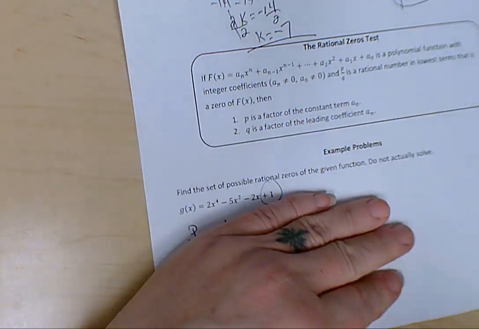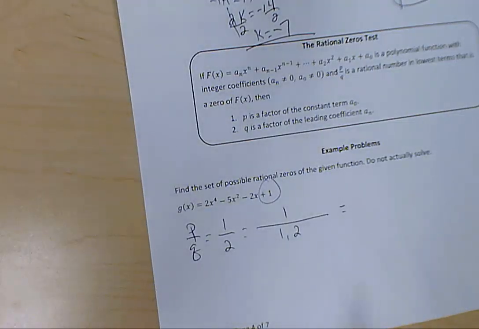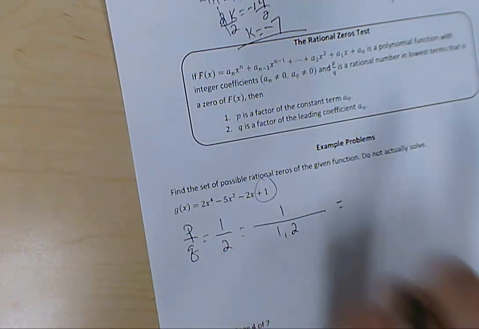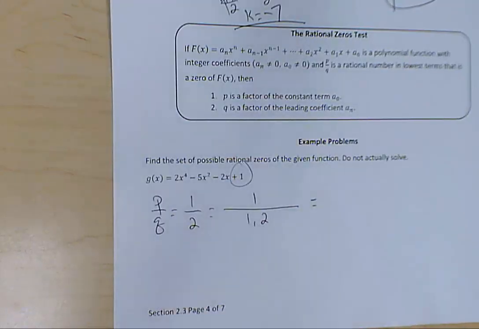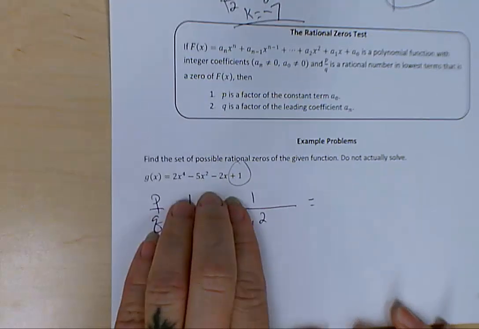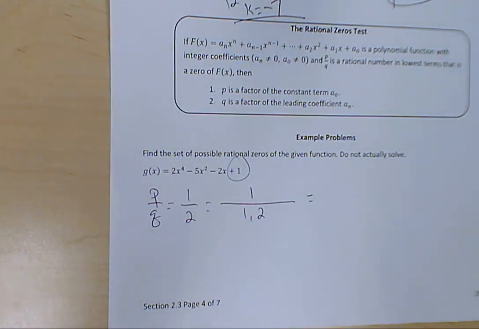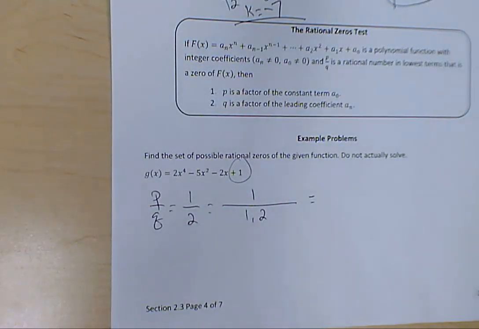So it's a little bit easier for us to do this rational zeros test and get a look at our possible rational solutions. Our solution tells us the possibilities of all the rational numbers that could be solutions to this problem.